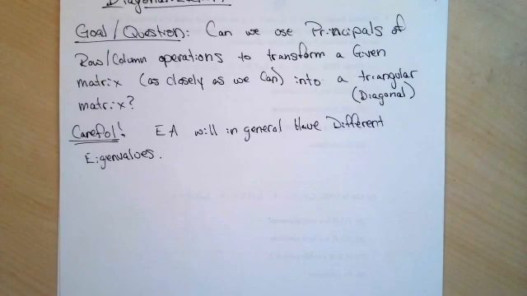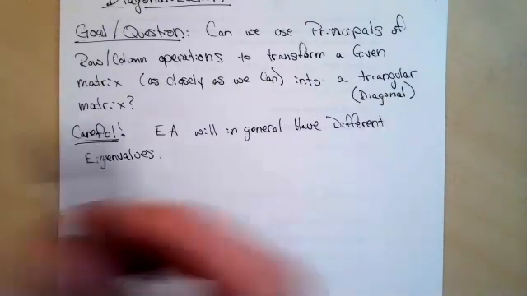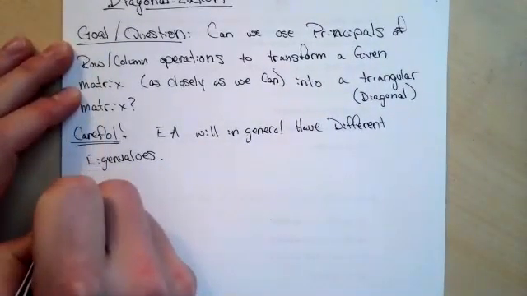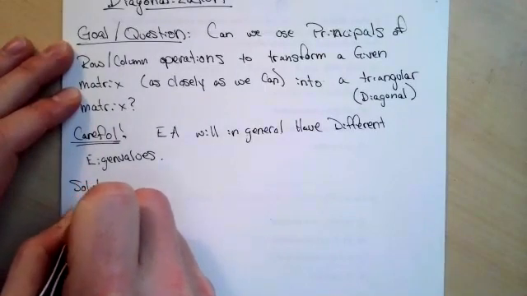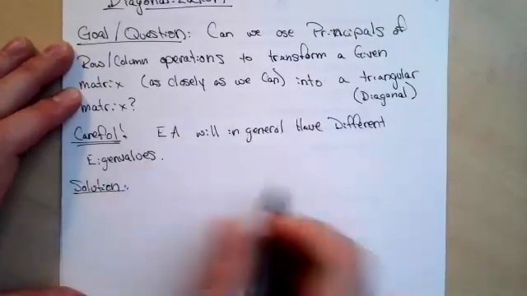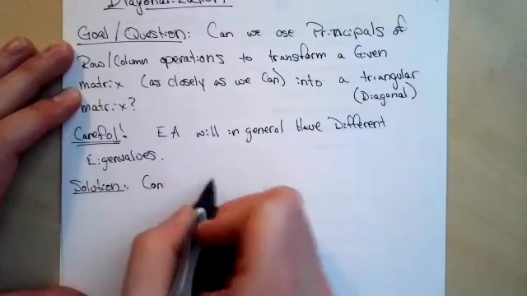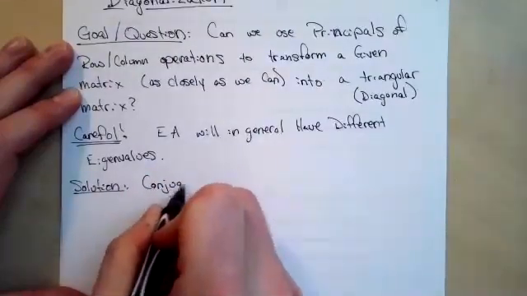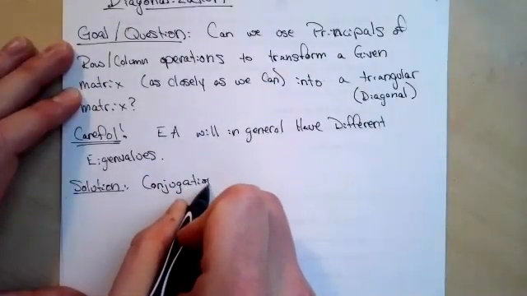So what we realized is that instead of just multiplying on the left, our solution is conjugation.